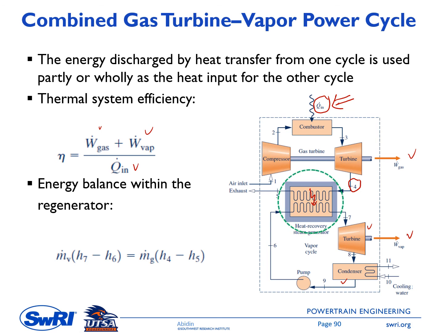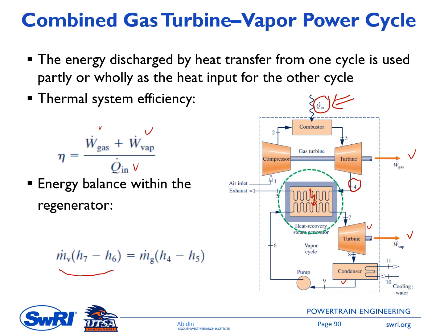And then we can also apply an energy balance inside the heat recovery steam generator here. So the term on the left side here is from the vapor side, so m_v times (h7 minus h6).